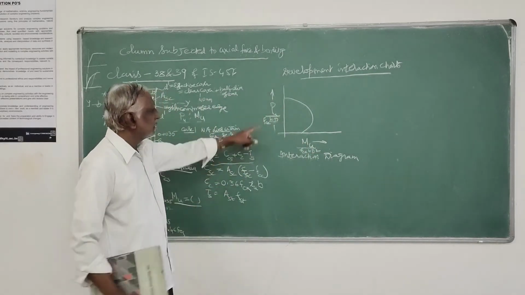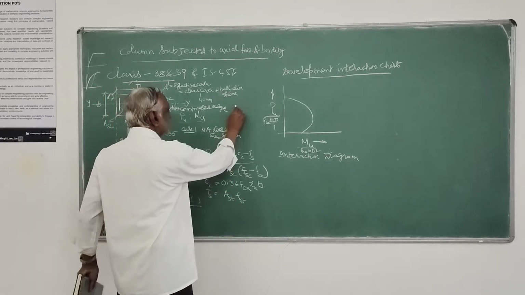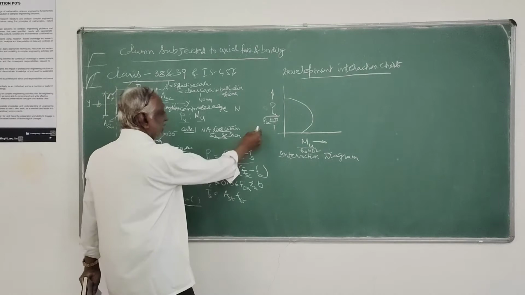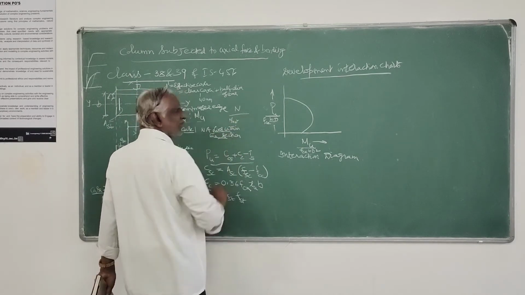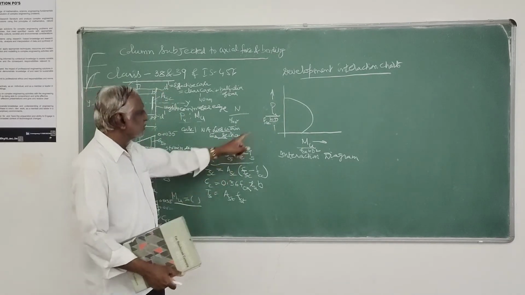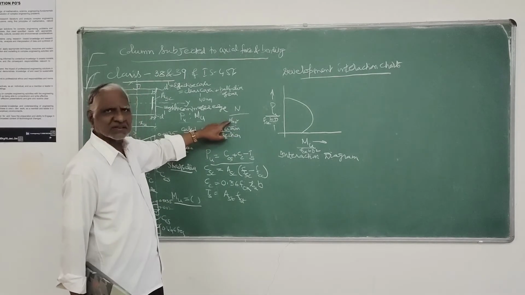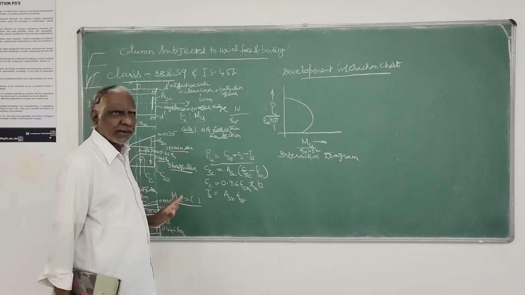Now this is non-dimensional because PU is in Newtons or kilonewtons, fck is in Newton per millimeter square, and b and D are in millimeters. So the millimeter square cancels, Newton and Newton cancel, and it becomes non-dimensional.